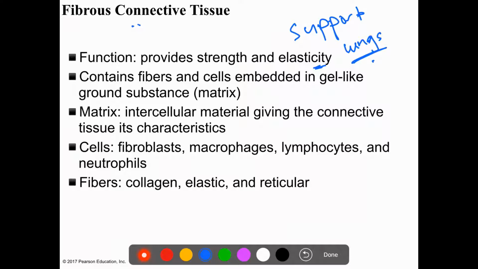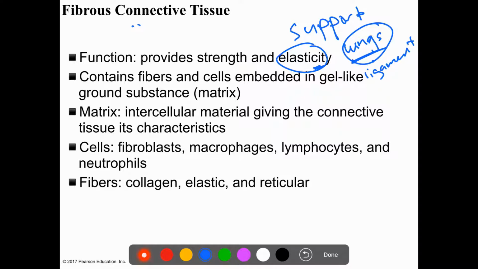Maybe the urinary bladder is not a good example, but lungs, for example, is a good example. Also, ligaments and tendons. These are good examples of their ability to stretch and recoil. Okay, so we'll say lungs and ligaments.